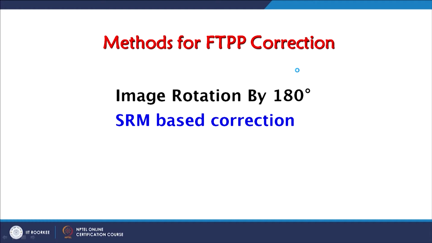If we rotate, then everything has to be rotated, and that creates a lot of problems. So, in order to avoid those problems, we need some other technique in which we do not rotate the image but still get rid of FTPP. One technique which has come up, which was developed by ourselves, is the SRM, that is, the shaded relief model based correction technique.